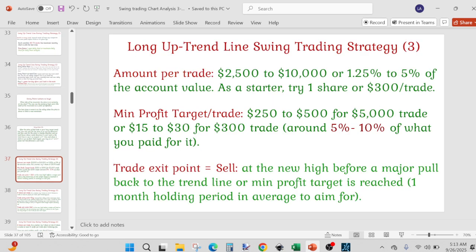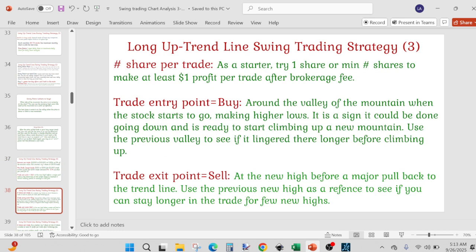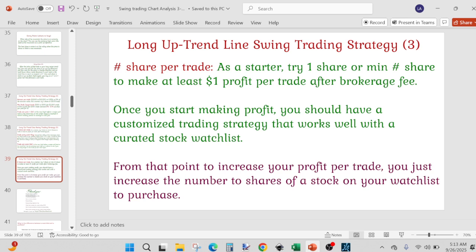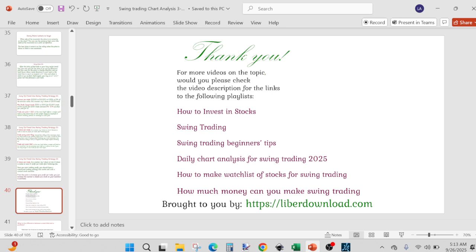Just start small until you find a strategy that you can keep repeating and keep making profits, and grow your account by putting more money into it, and from the profit you are generating from the trades you are taking as well.